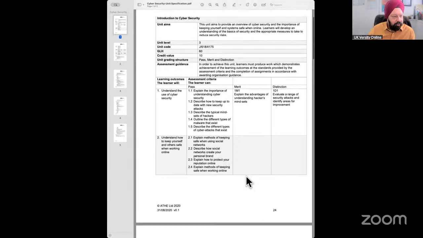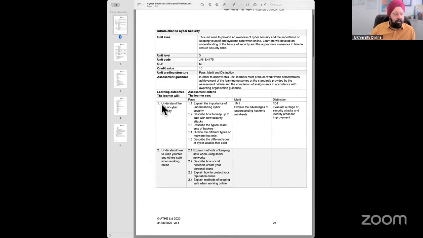Now, today's discussion is going to be focused on understanding the use of cybersecurity. And in this, there are 5 assessment criteria in pass, 1 merit and 1 distinction. Merit and distinction will always be an extension of this, either of these tasks. Here, you are required to basically look at going into a bit more depth or detail by talking or doing analysis or comparison, or comparing and contrasting with the use of an example.